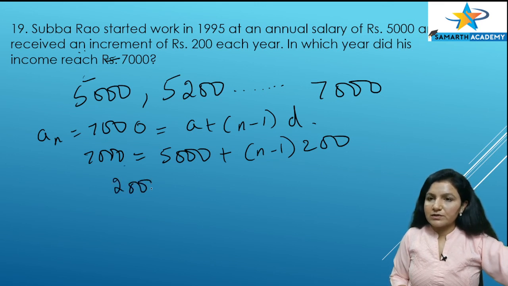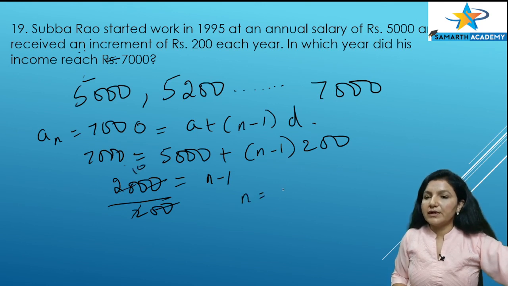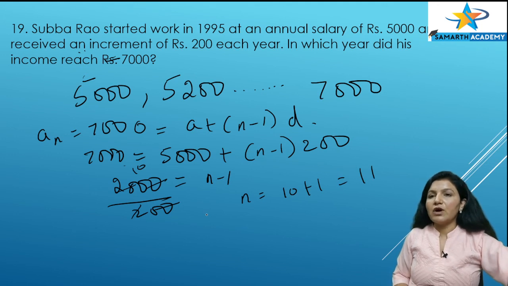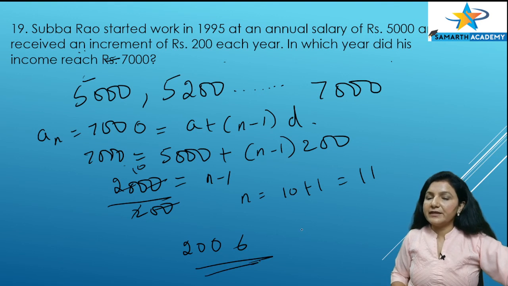So 2,000 equal to N minus 1 into 200, send 200 that side. So N is equal to 10 plus 1, that is 11. Therefore, after 11 years, in 1995 he was getting 5,000. So after 11 years, it is 2006. He will be getting 7,000 rupees.